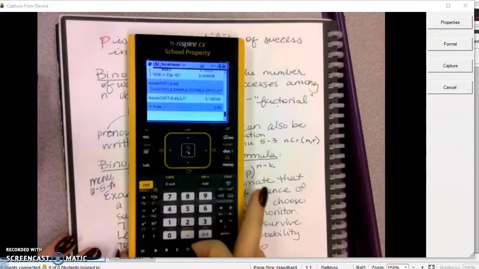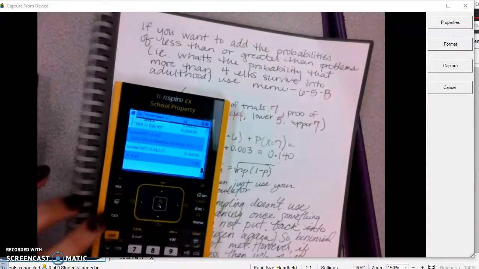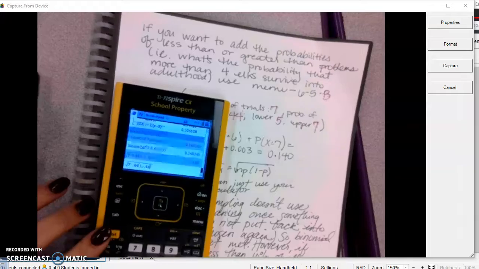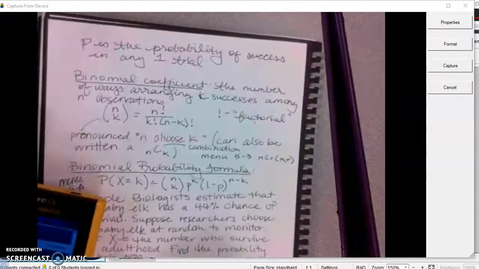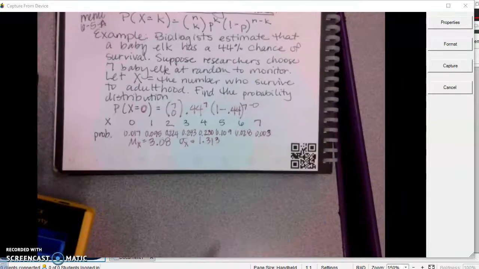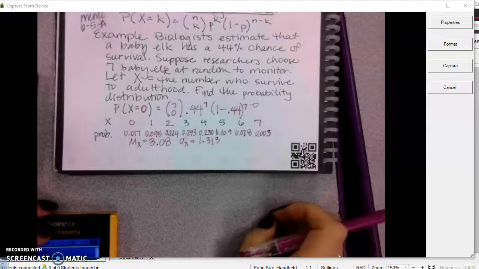Okay, and then for our standard deviation of the random variable X, we're going to do the square root of 7 times 0.44 times 1 minus 0.44. So it gives us 1.313. Okay, there we go. And that's how easy it is to calculate your mean and your standard deviation.